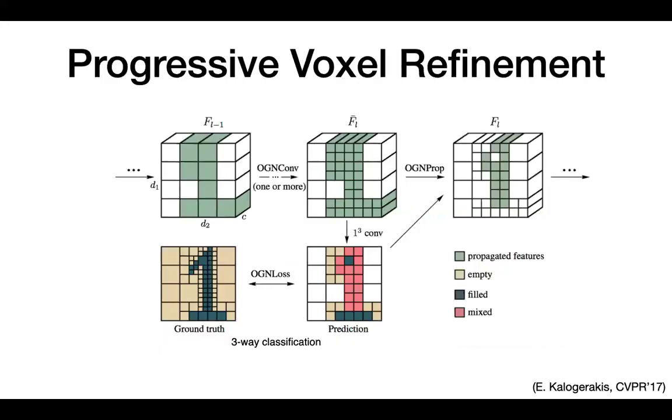And so the idea here is to do this progressive voxel refinement. What it means is that we can consider, as we propagate features through the neural network with convolution operators, not just occupancy, but partial occupancy. So we propagate a feature, and then as we propagate and change the resolution, we have empty cells, cells that are totally filled, and cells that are mixed, that is, partially filled.